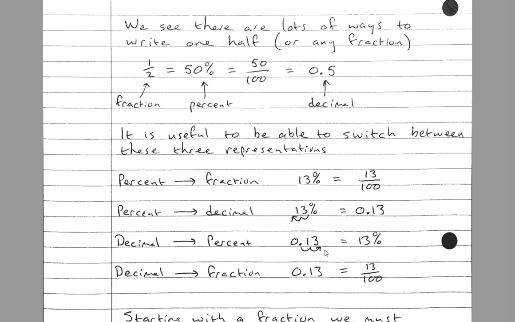So move the decimal point 2 places to the right to get 13. So that's 13%. So to go from a decimal to a percent, you're really multiplying by 100. 0.13 becomes 13%.